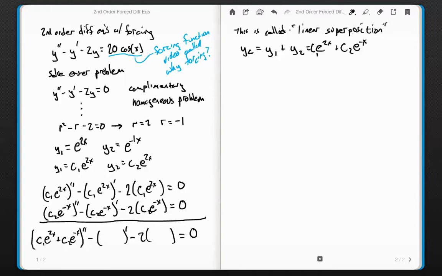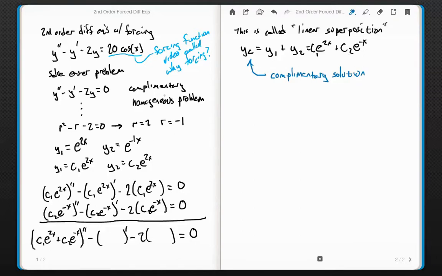All right, linear superposition leads us to this solution here. This solution, however, is not the solution I want. It's y sub c, which is the complementary solution. Why is it called complementary?